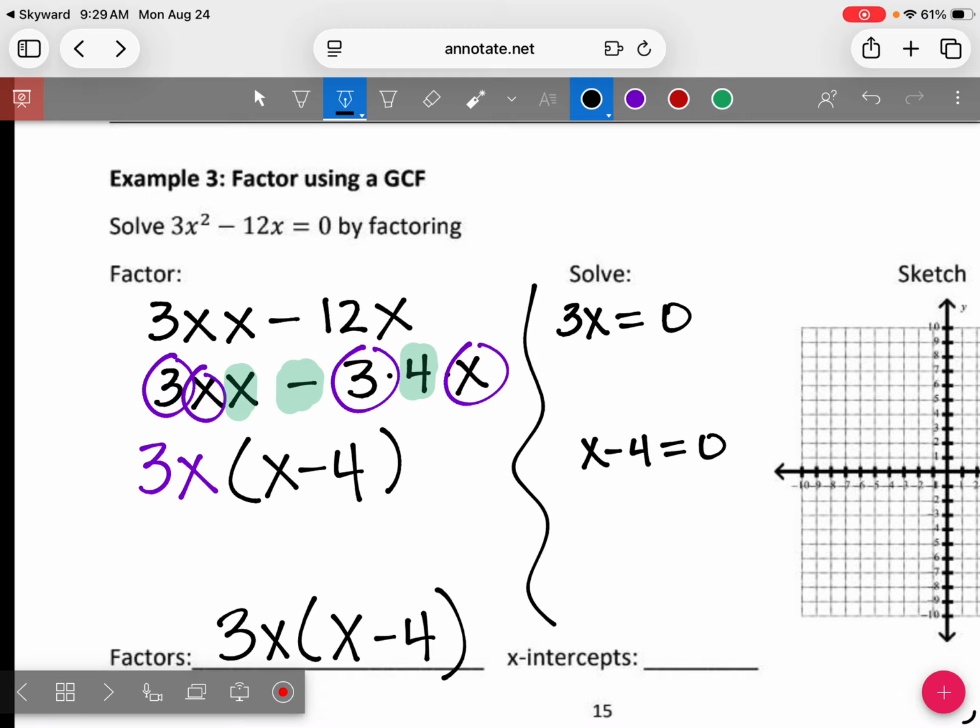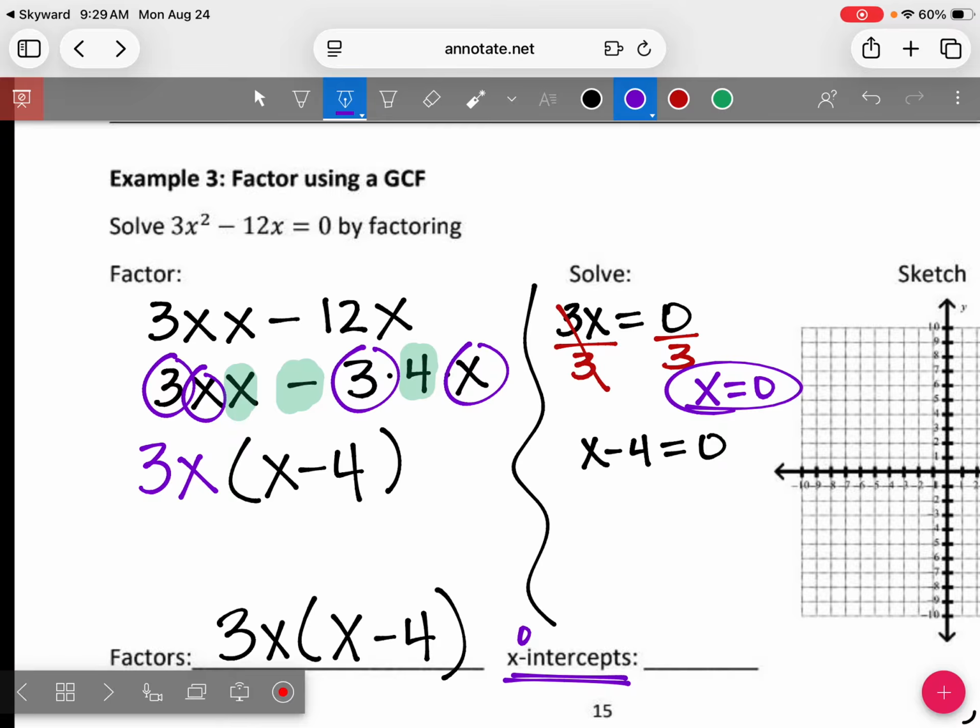So dividing this by 3, what is 0 divided by 3? So we got x equals 0. That's my first. And it says write it as an x-intercept.